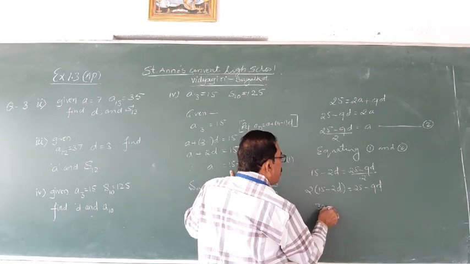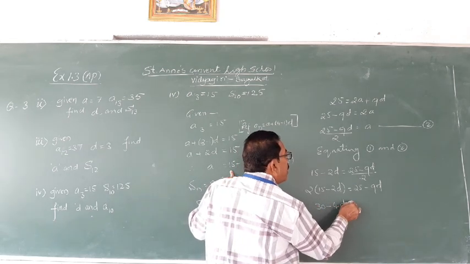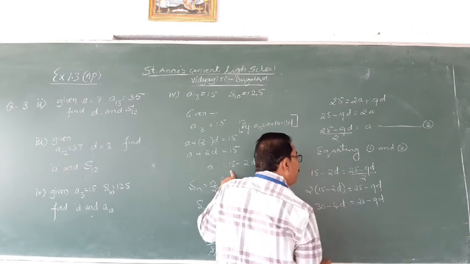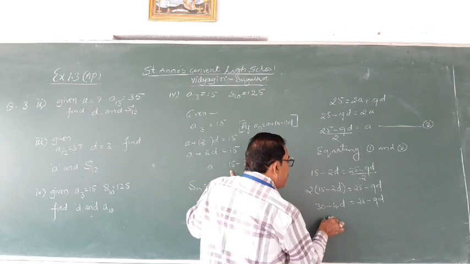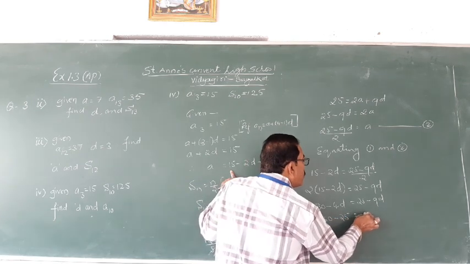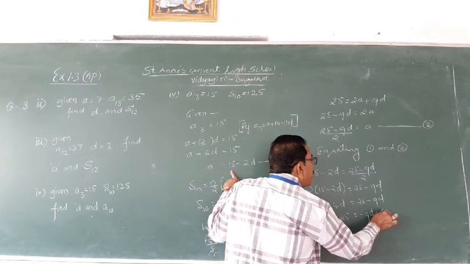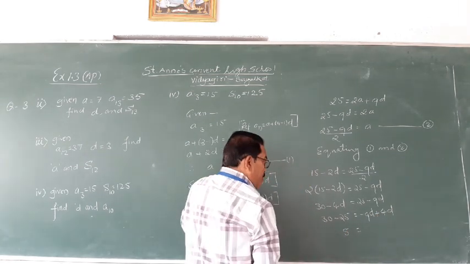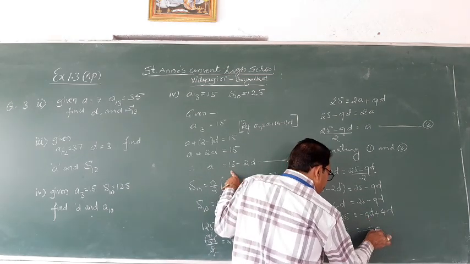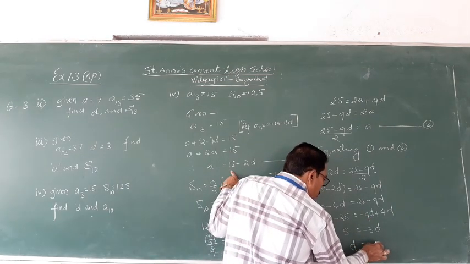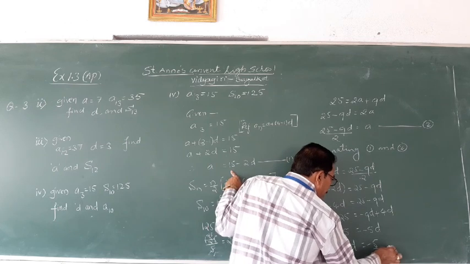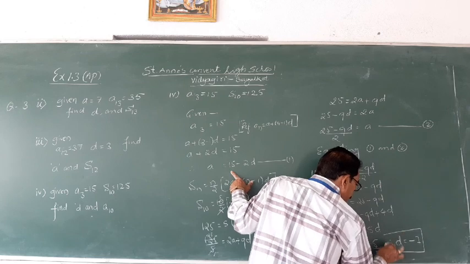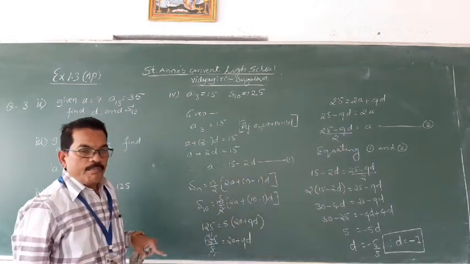So 30 minus 4d equals 25 minus 9d. So 30 minus 25 equals minus 9d plus 4d, that is 5 equals minus 5d. Therefore d equals minus 5 divided by 5, so d equals minus 1.